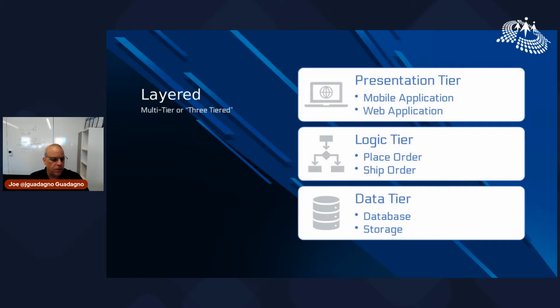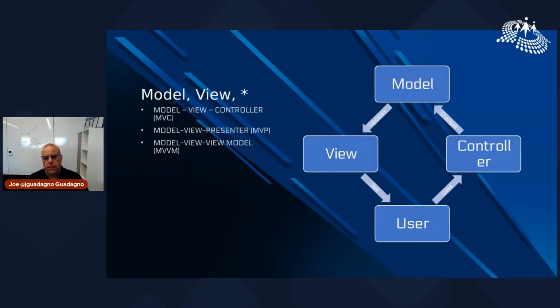So let's move on to the next layer, which is a common one, especially in the ASP world, the Model View Star. And the reason why there's a star here is there's slight variations of this. There's the Model View Controller, or MVC. That's a pattern that became popular in the .NET world in the late 2000s.